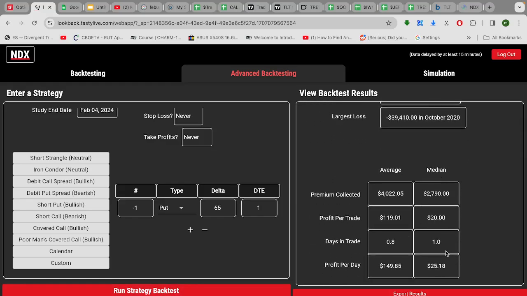Buying brings down the median. Anytime you're buying options instead of just straight selling them, you're hurting your stats. But yeah, this is max yield, but not necessarily max profit. Profit only 150 a day. The yield 3 times as much.